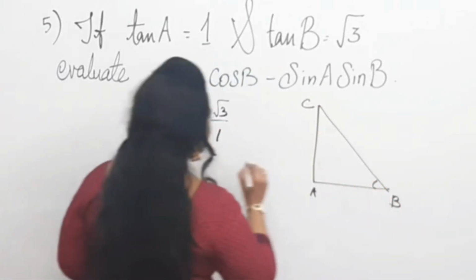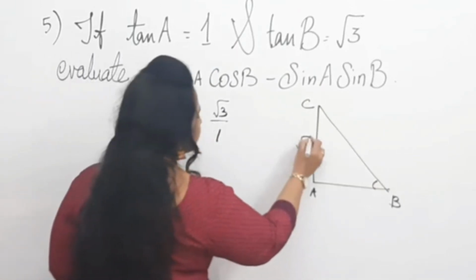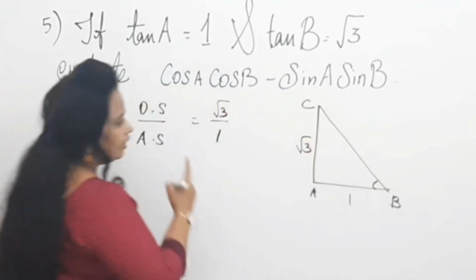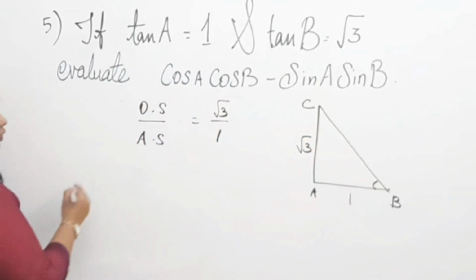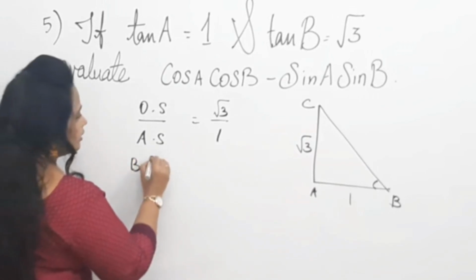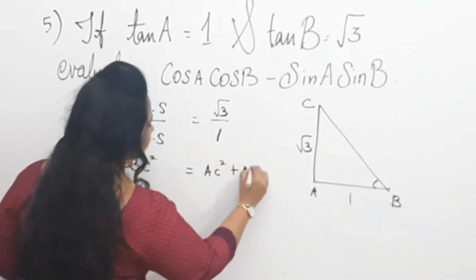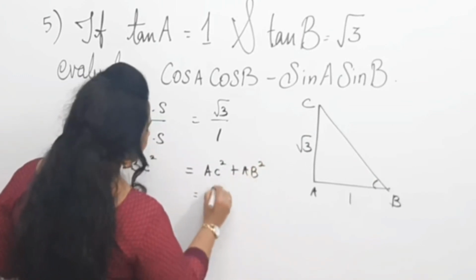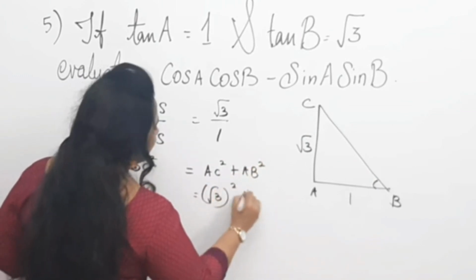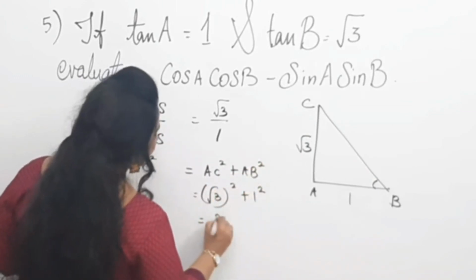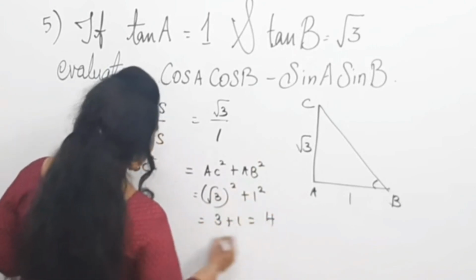So for my B, the opposite side is root 3 and the adjacent side is 1. Let me go for my BC square. BC square is equal to AC square plus AB square. AC square is root 3 the whole square plus 1 square, which is 3 plus 1, equal to 4.